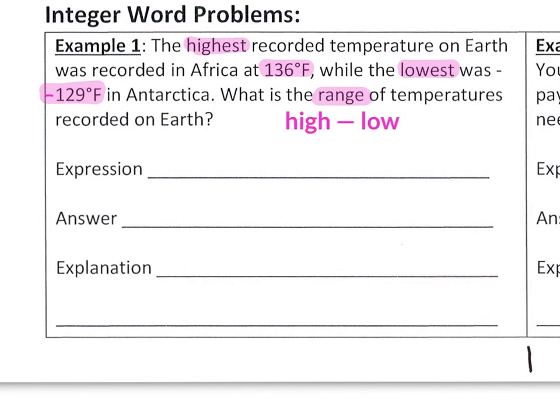So when I need to write an expression, I need to make the high minus the low as my expression. So what that looks like is the 136 minus and then the negative 129.